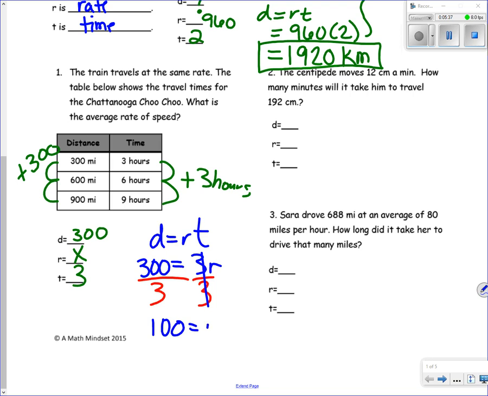So 100 is your rate. So the train was going 100 miles per hour.